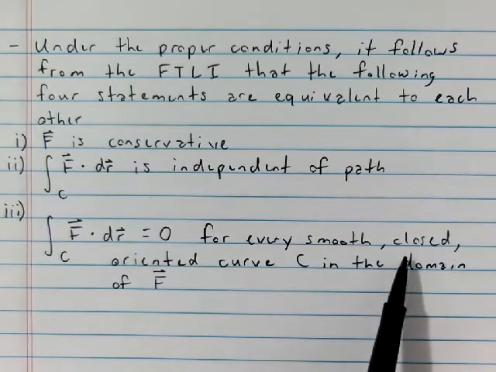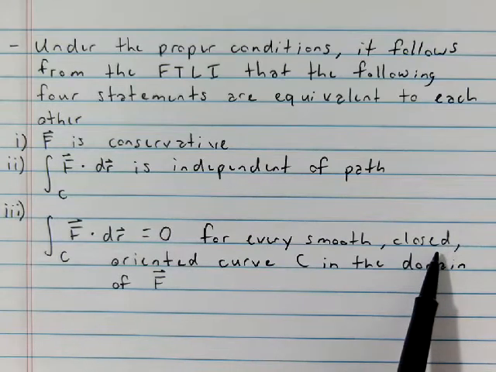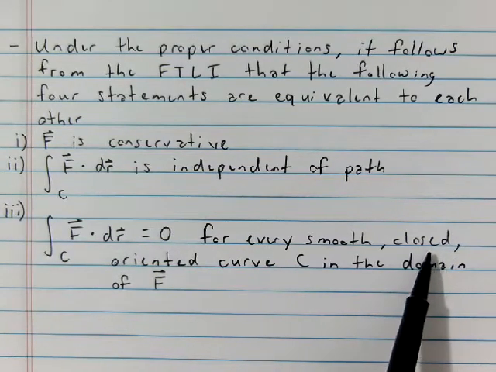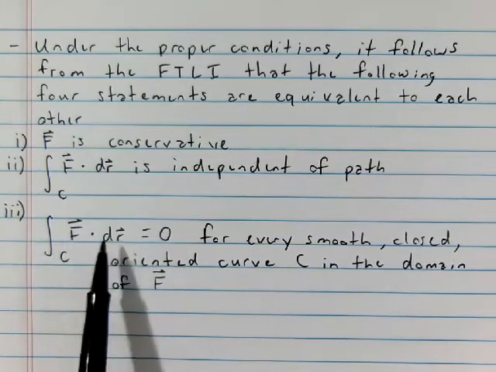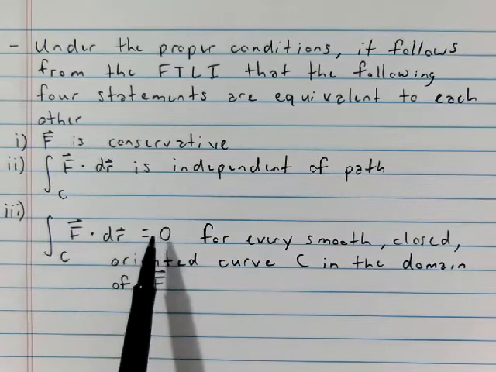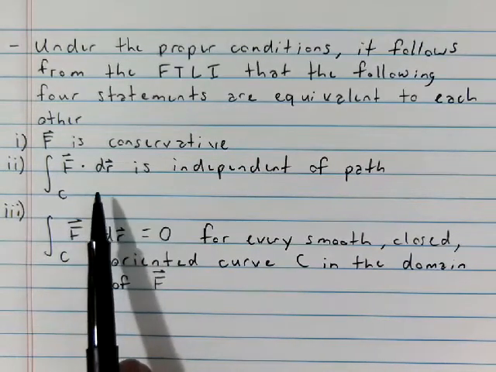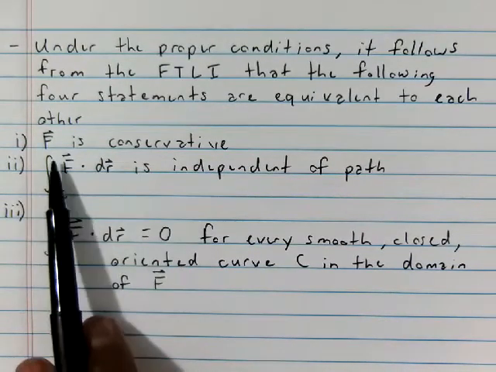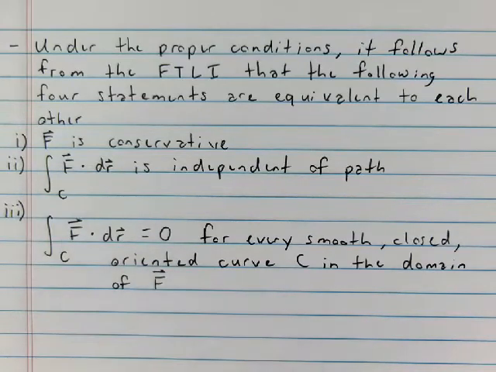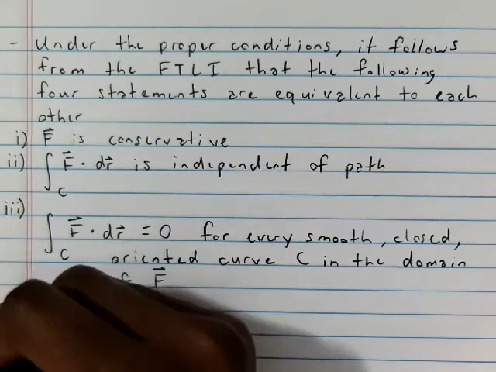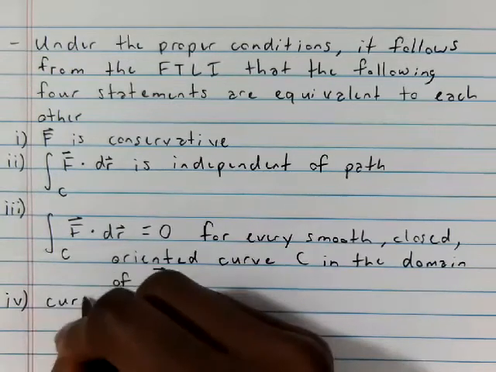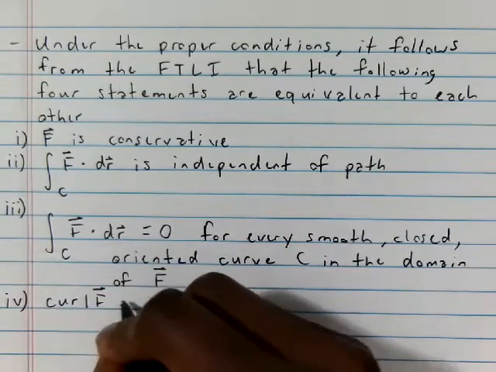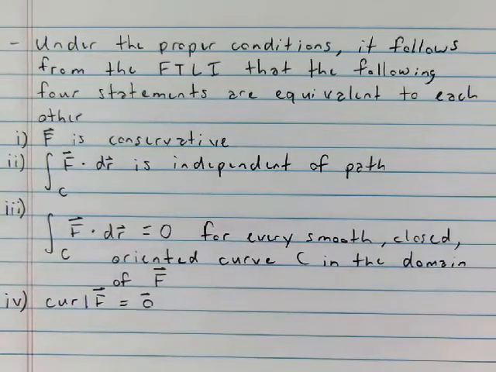So if it's a closed curve, that means that for our curve C, the start and end point are the same point. If that's the case, then the line integral over C of F dot dr is equal to 0. That is the same as being independent of path, and the same as the vector field F being conservative. And then lastly, it's the same as what we've seen most regularly, the curl of the vector field F being equal to the 0 vector.